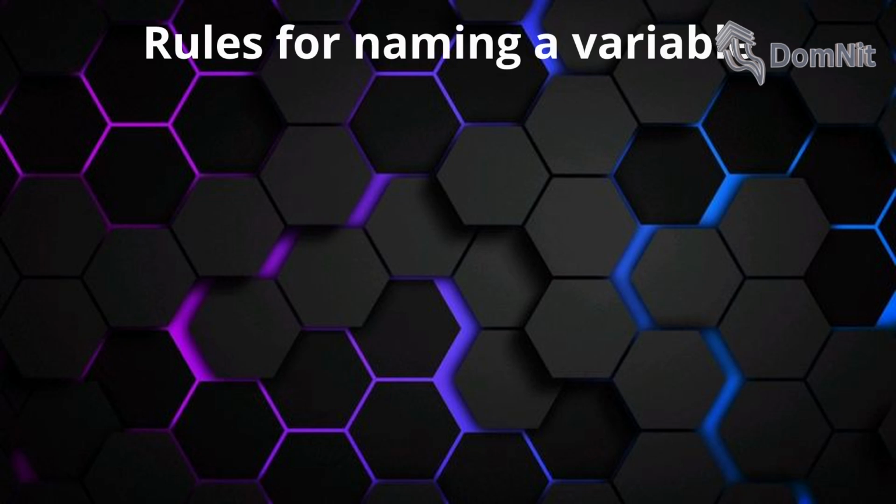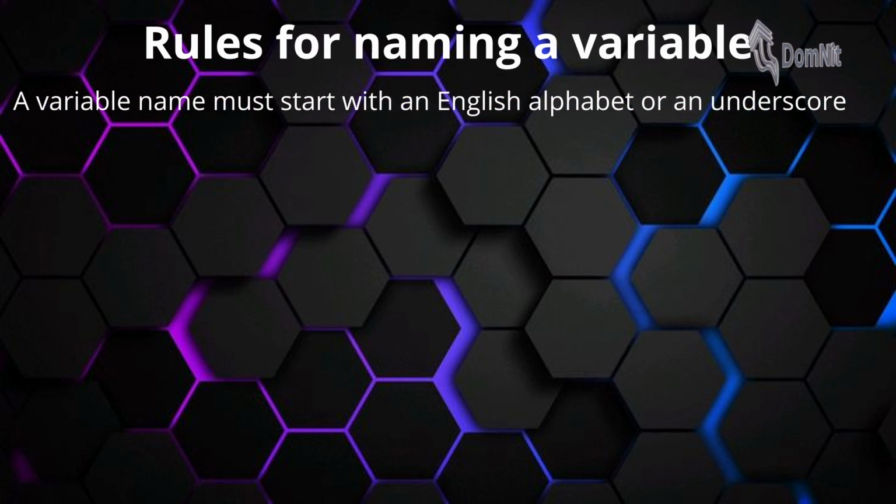There are certain rules used in naming variables, and these are the rules. Every variable name must start with an English alphabet or an underscore. When we move on later, we'll learn about when to use an underscore.